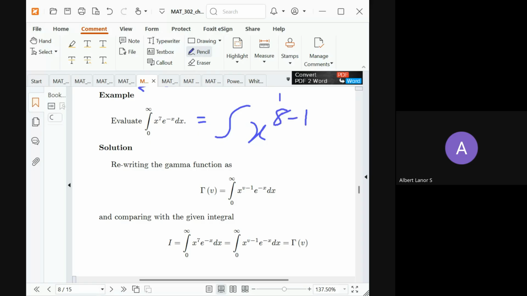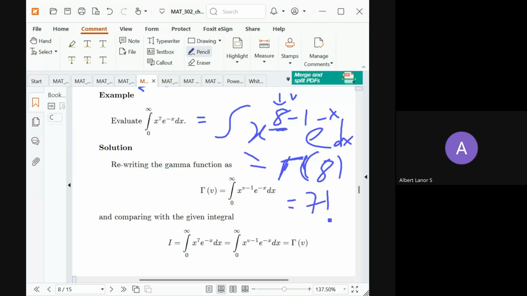Now remember that this value here is our v, the value that we are using for the gamma, then e to the minus x dx. And this will be equal to gamma of 8, because the v here is 8. Now, gamma of 8 is equal to 7 factorial. So clearly the integral of this function will be equal to 7 factorial.